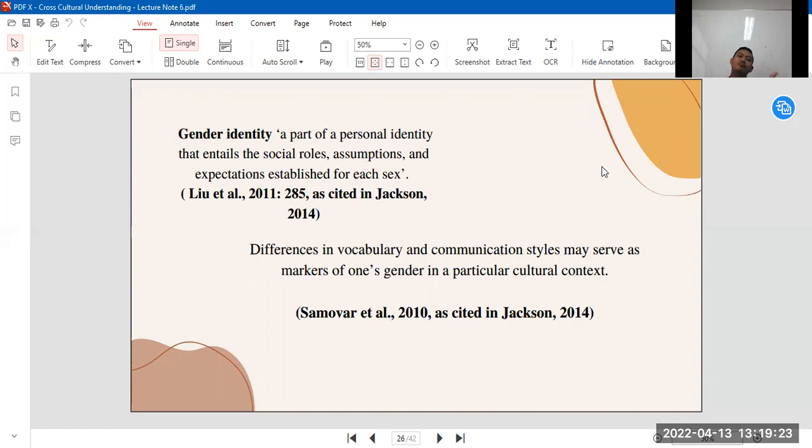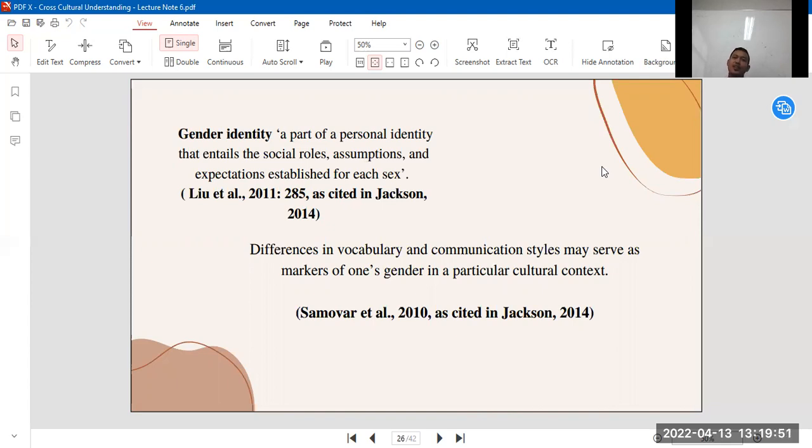So some words or some sentences or some taboo words cannot be uttered by females. They can only be uttered by males. Once such an expression is uttered by a female, it can be something very strange, and it can be considered impolite and so on.